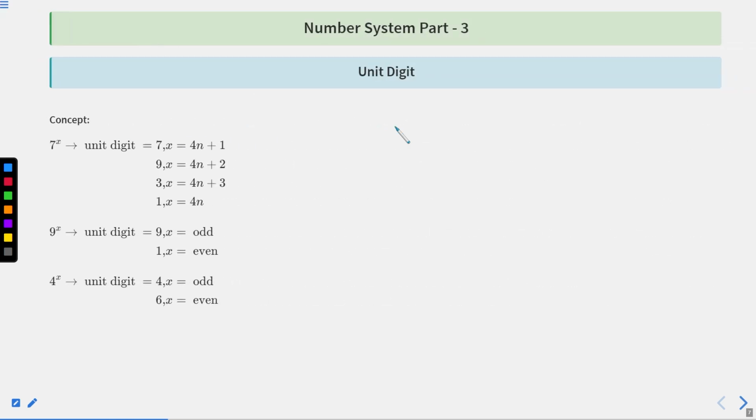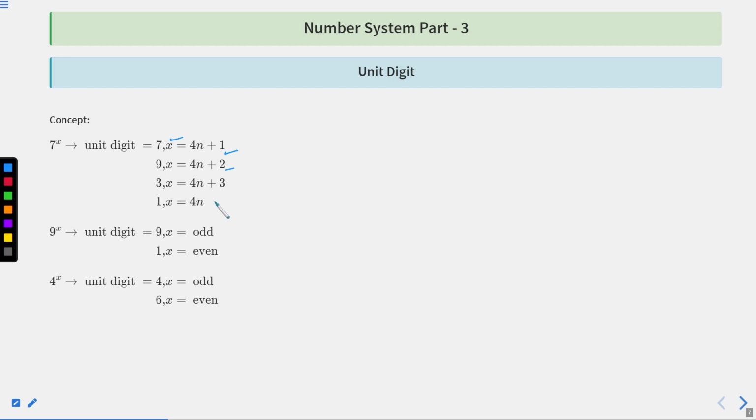So what is the rule? If the number has 7 in the unit digit, then you divide the number in the power by 4. If the remainder turns out to be 1, then the unit digit will be 7. If the remainder is 2, then the unit digit is going to be 9. If the remainder is 3, the unit digit is going to be 3.